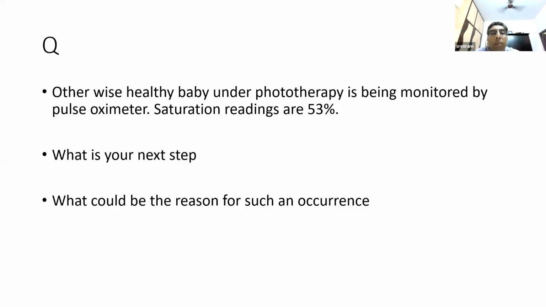So what could be the reason for this error? How does phototherapy affect your pulse ox readings? Excessive cry? Very good.